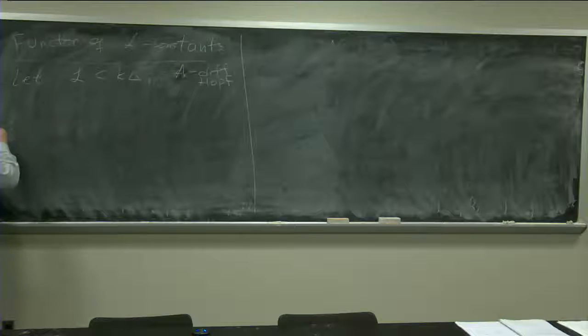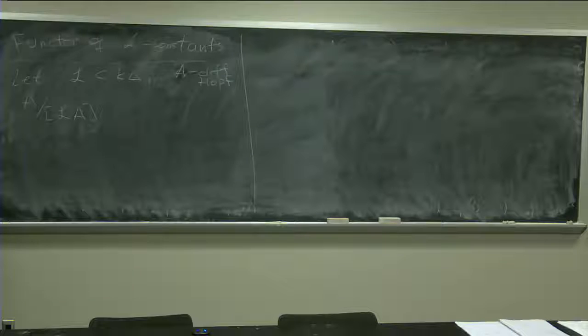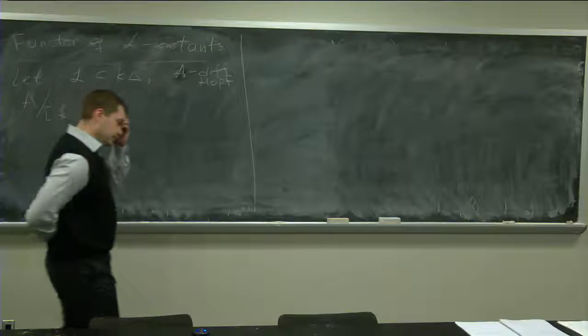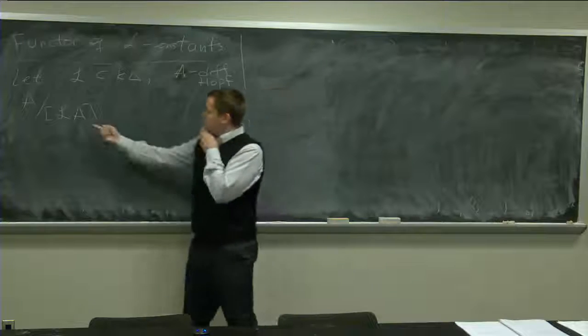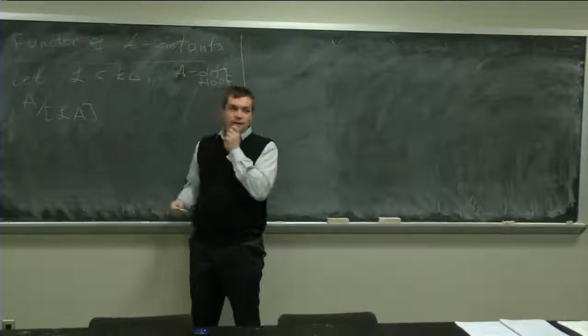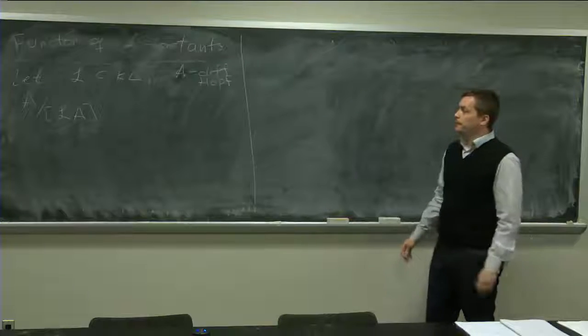And we can consider this quotient by the differential ideal generated by these elements. So what that means is that we just apply every element of L to elements of A, generate the differential ideal, and take the quotient by this ideal.